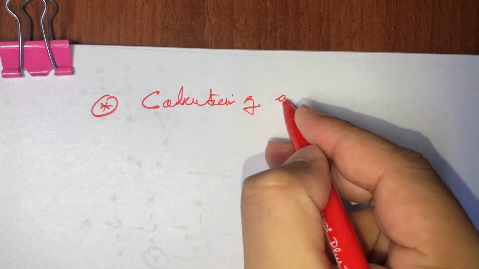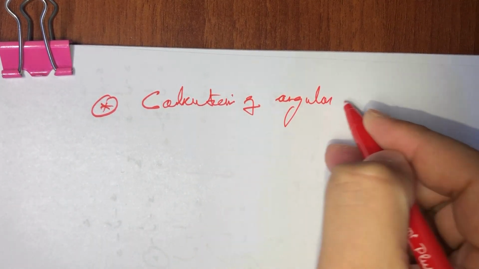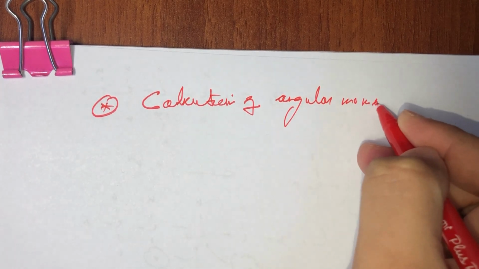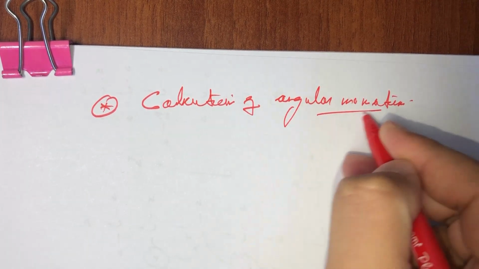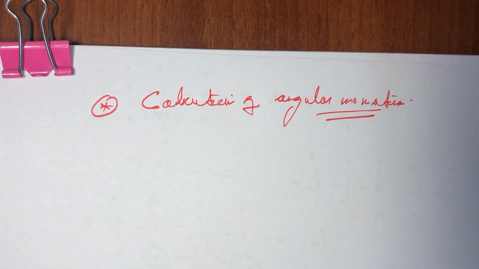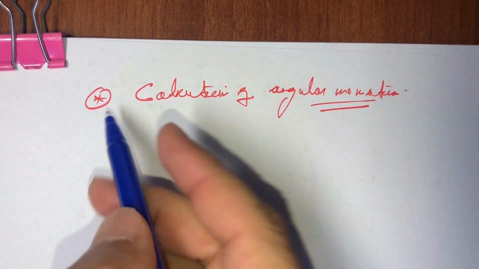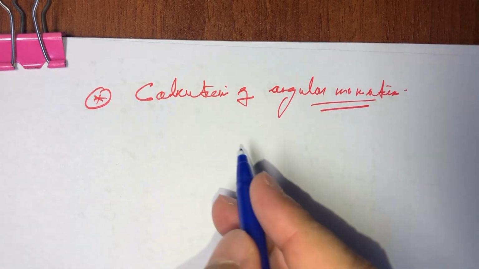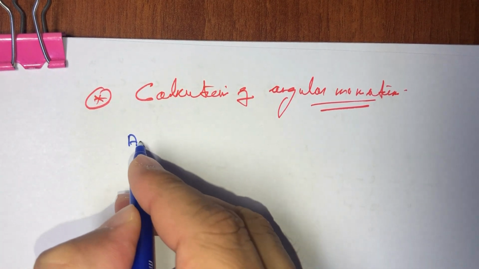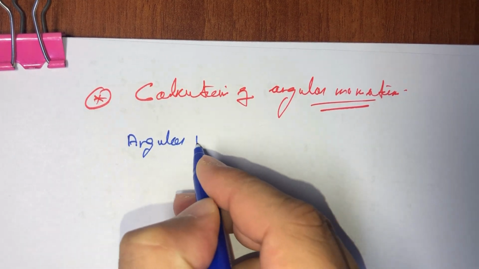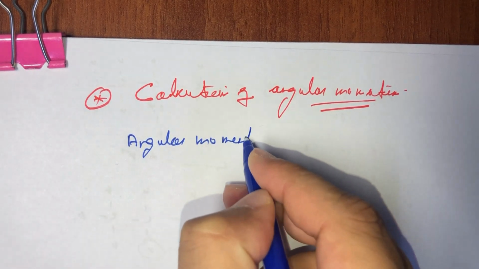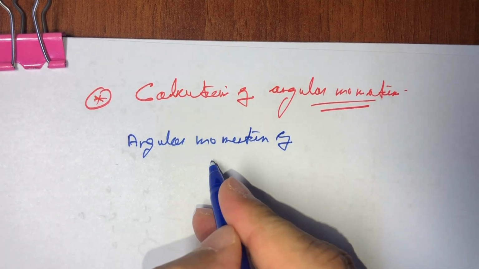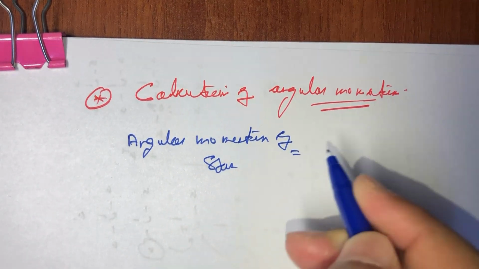So we can say the angular momentum of a star, let us suppose, is represented as L.